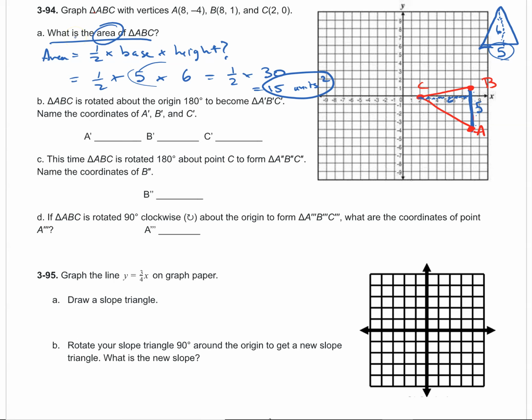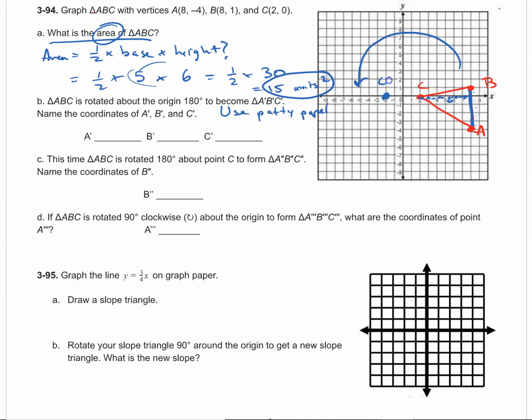We've got 3 parts more. I'll do the first one. ABC is rotated about the origin 180 to become triangle A prime, B prime, C prime. Name the new coordinates. Use patty paper. Makes this a whole lot easier. Alright, so if we're using patty paper, we're rotating it 180 degrees, so it's going on the other side.